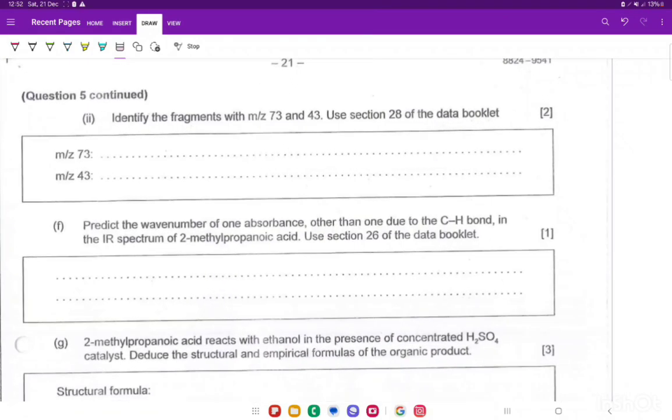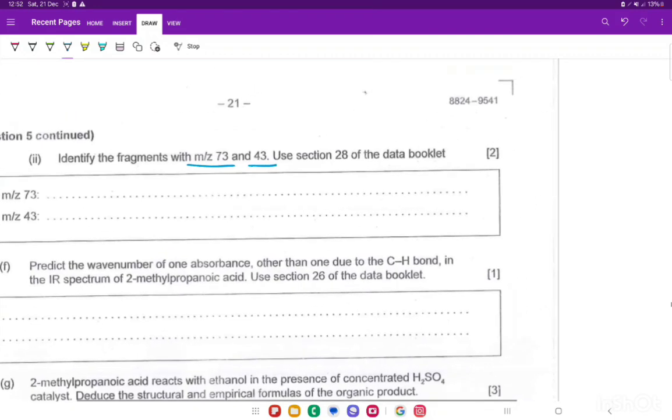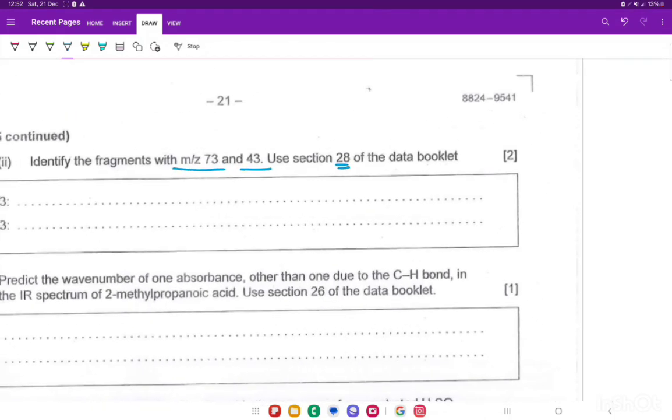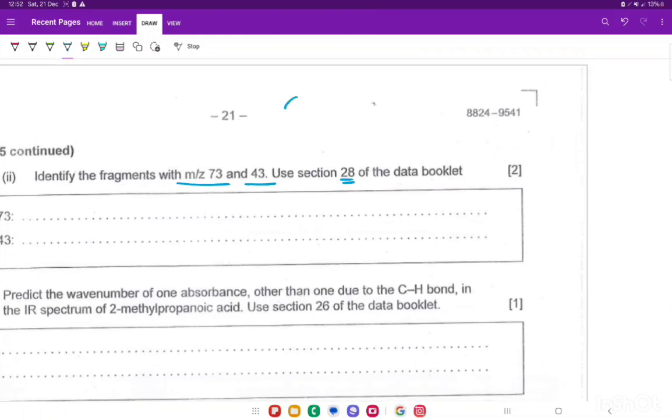Next, identify the fragments with m/z 73 and 43 using section 28 of the data booklet. If I draw the structure of 2-methyl propanoic acid, and the cleavage of this bond takes place, the fragment will be CH3, CH and COOH.